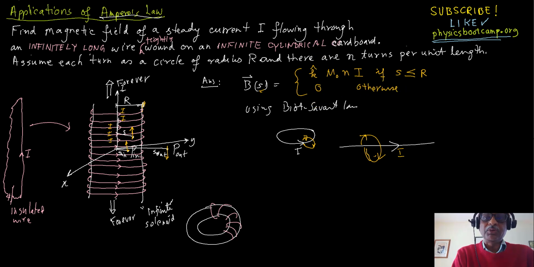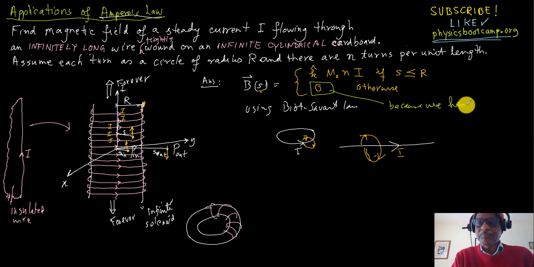And this zero is basically because we have an infinite cylinder, an infinite system.